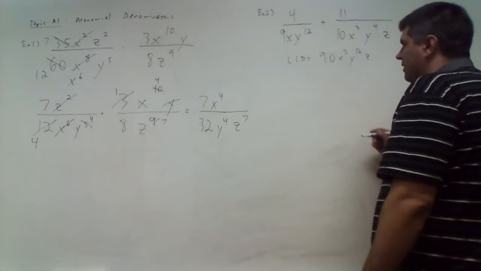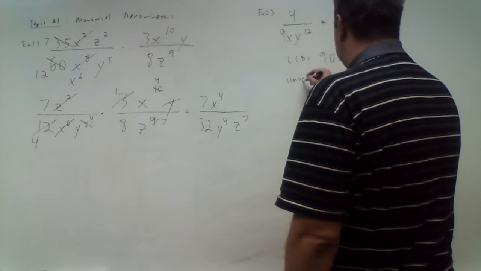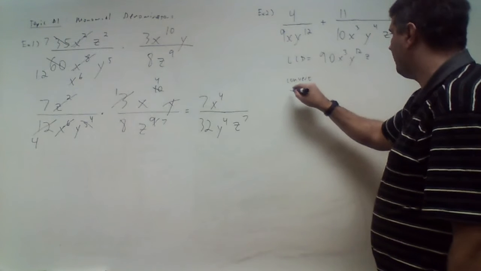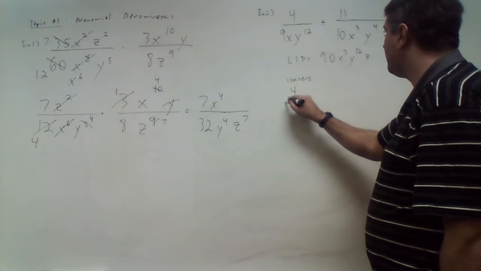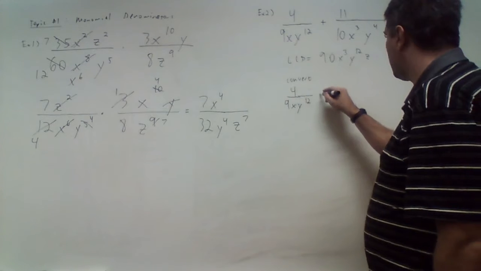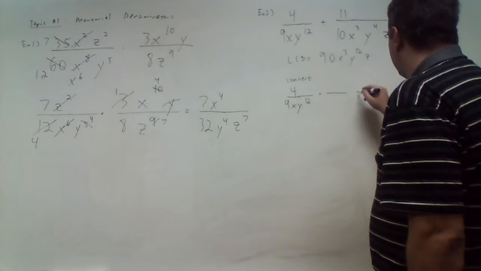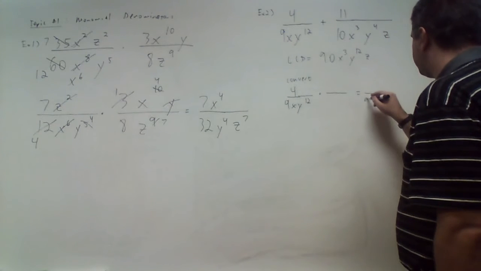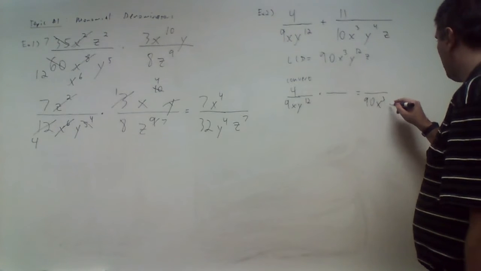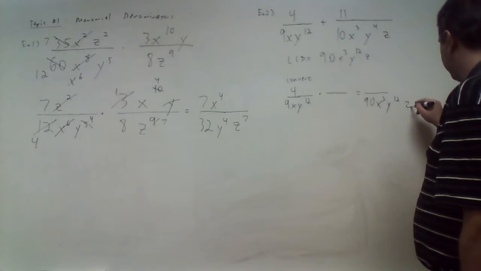So now what we need to do is convert. So we're going to have 4 over 9xy to the 12th times, we don't know, but we know that we're going for a fraction of 90 x cubed y to the 12th z.